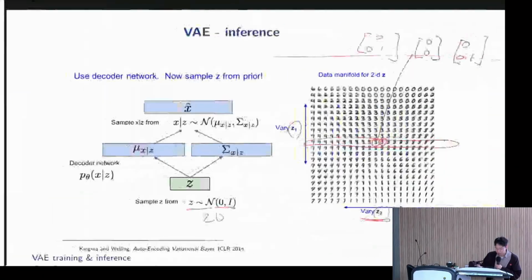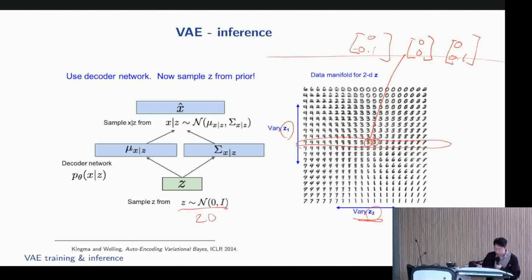So what I mean by latent traversal: let's say this middle image is your 0,0 in the latent code. You pass 0,0 to your decoder, and let's say the dimension of Z is two-dimensional.